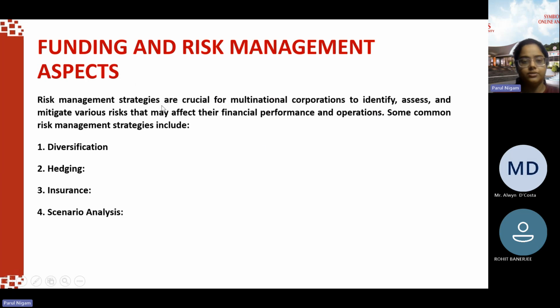So risk management strategies are very crucial for multinational corporations to identify, assess and mitigate various risks that may affect their financial operations and performance. Some common risk management strategies include diversification. Diversification basically means you need to spread your investment through multiple options. You have to diversify your funding resources like equity, debt, bonds, and multilateral financing.